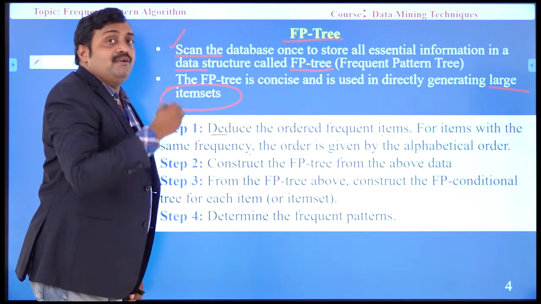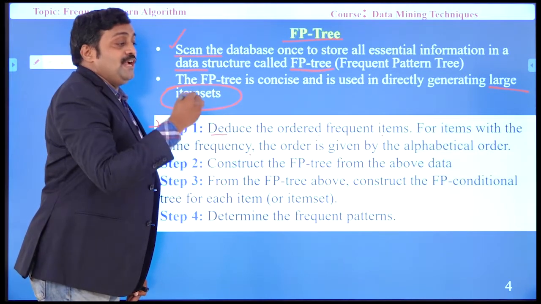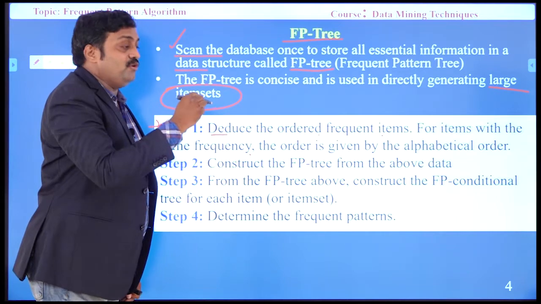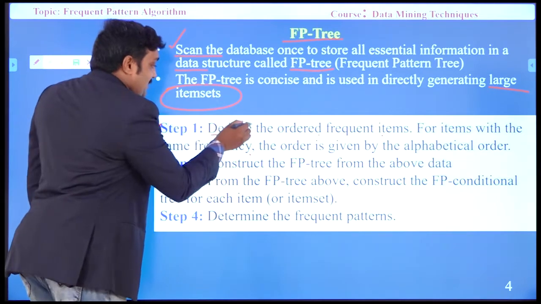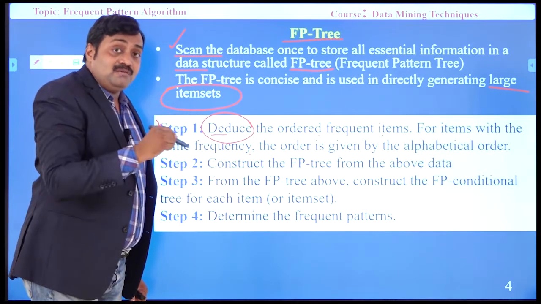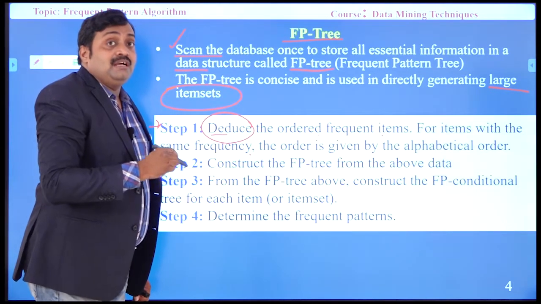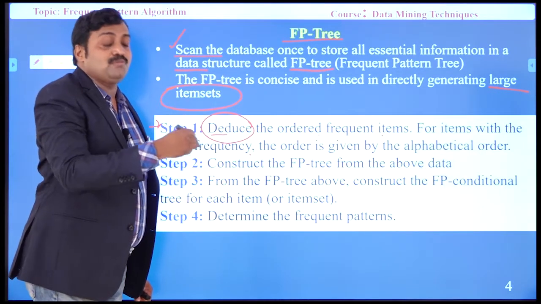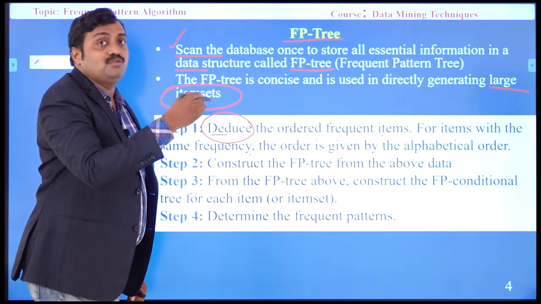We have some threshold value. If an item is below the threshold value, we eliminate it. That is nothing but reduce. So we eliminate the items in the item set which are not satisfying the minimum threshold value or minimum support value.